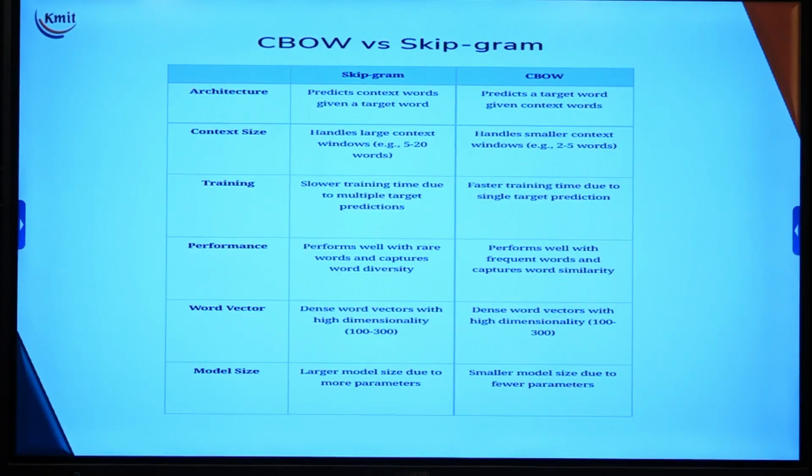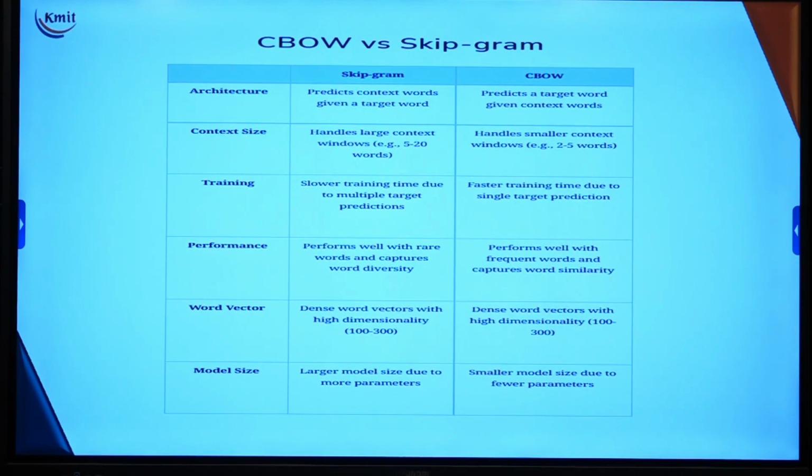So, when we compare these 2 models, the parameters that we take into consideration are architecture, the context size both models take, the training, performance, word to vector and model size. Skipgram predicts context words given a target word, whereas CBOW predicts a target word given context words, like what we have seen.